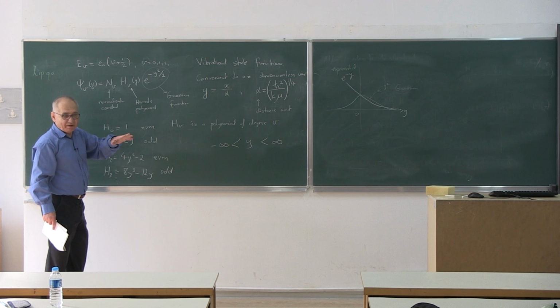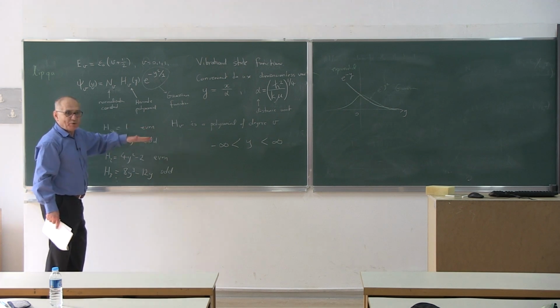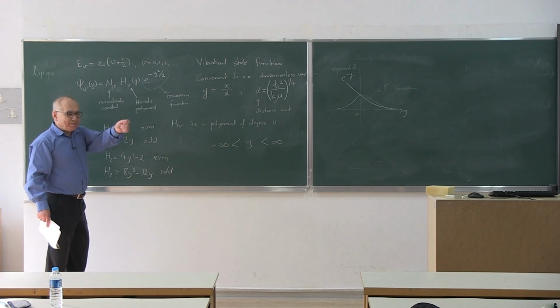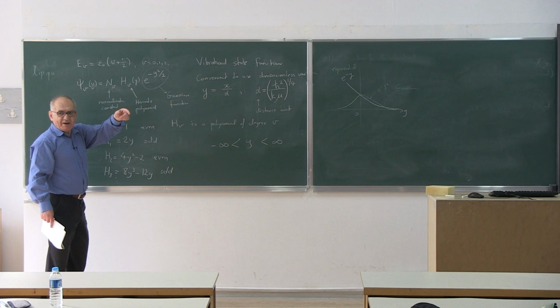This is something relatively easy to keep in mind. Therefore, Hermite polynomials have this property, that if the subscript index is an even number, the polynomial is an even function. On the other hand, if this index is an odd number, the function is an odd function.